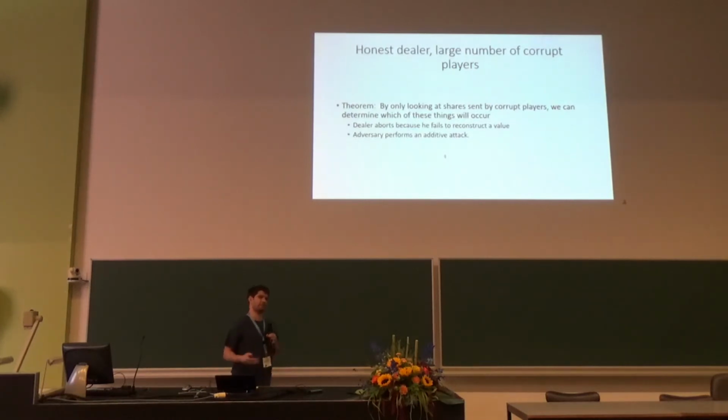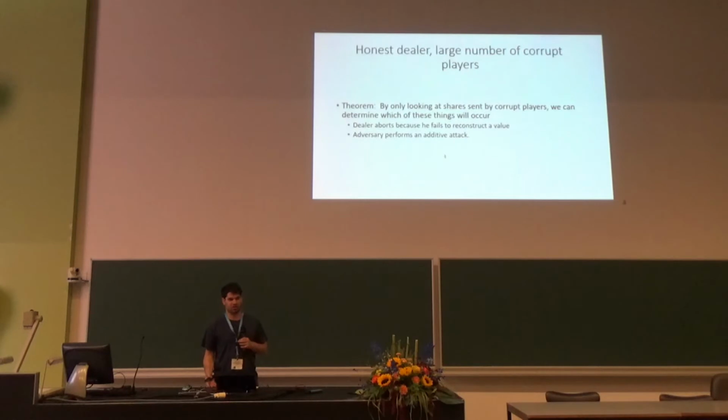Like more than half, but not enough to break privacy? Well, for now, in the real protocol, what's going to happen is that the dealer, just by looking at the bad shares that the bad players send, and without even knowing what the honest players are sending, can determine what's going to happen next.